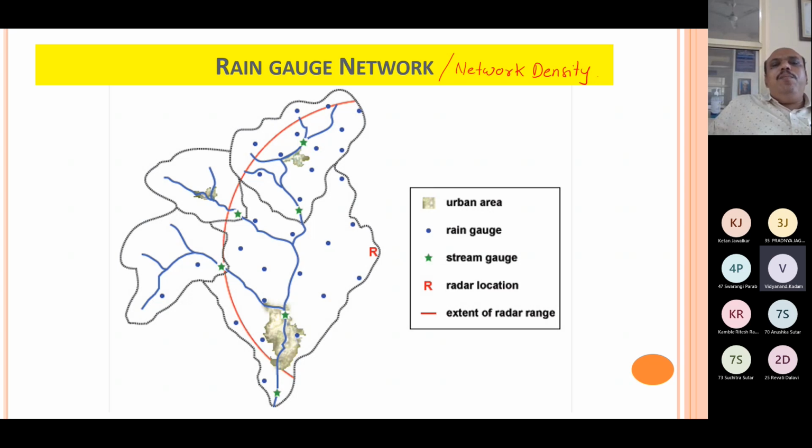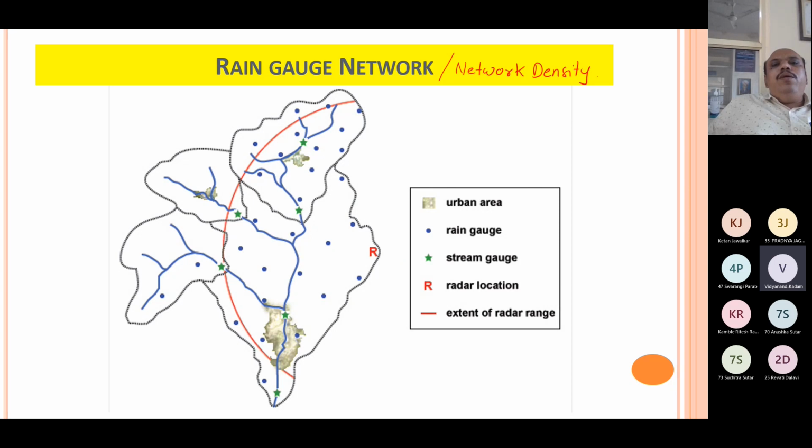It is the number of rain gauges in a catchment area, and this network density is expressed as number of rain gauges per square kilometer area. This is how network density is expressed.